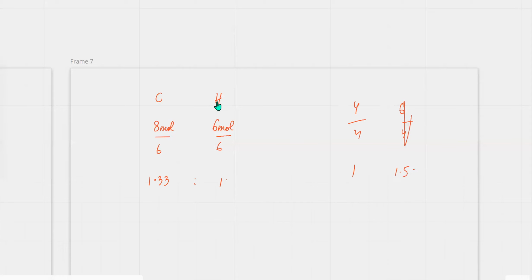So the point is, what would happen if the ratio at the end is something like 1.33 to 1? What would you do in that case when the ratio is not coming out to be a whole number? You're going to try and convert that into a whole number. You're going to think of numbers to multiply both with, so that it turns into a whole number.